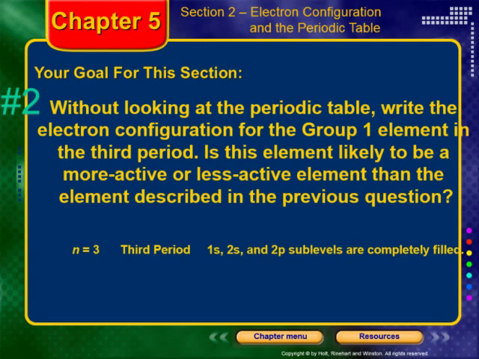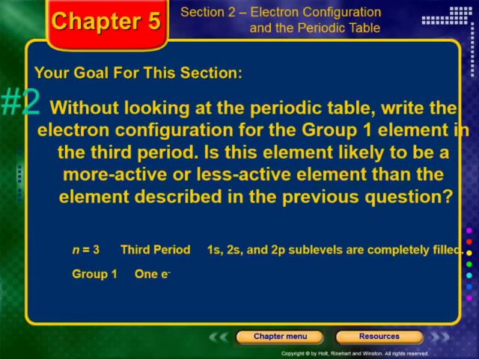Remember, the Aufbau principle says that an electron will fill the lowest energy orbital available. So if we have an electron filling something in the third period, everything before it must be filled. Everything in the first period and the second period must be full.